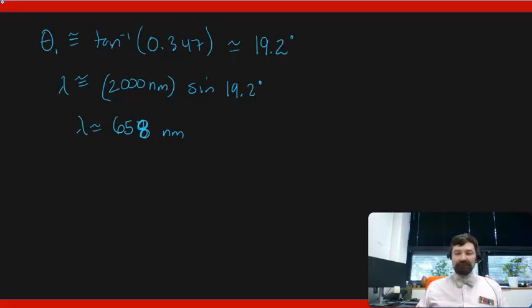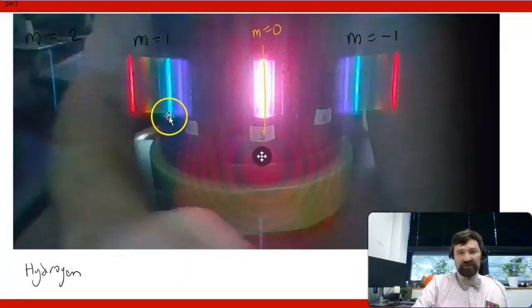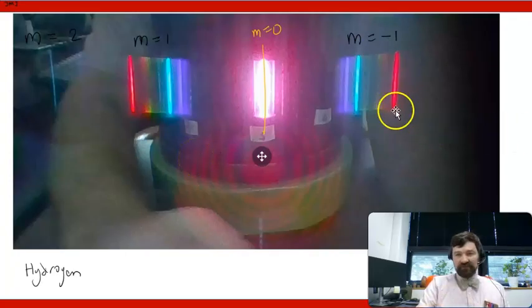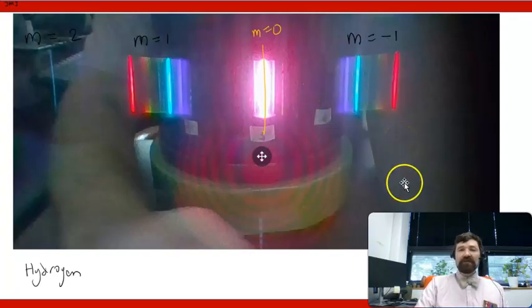So not bad. And in some sense, that is how you go about calculating what the spectral values are. You'd basically go through, let's say, hydrogen, and look at each one of these lines and calculate, all right, for this one, where is it? For this one, where is it? For these faded green, yellow ones, where are they? Etc.